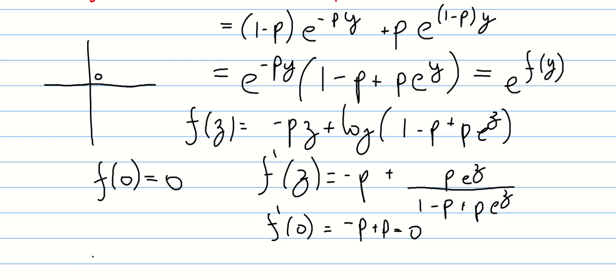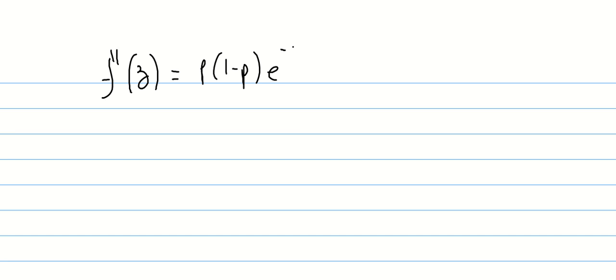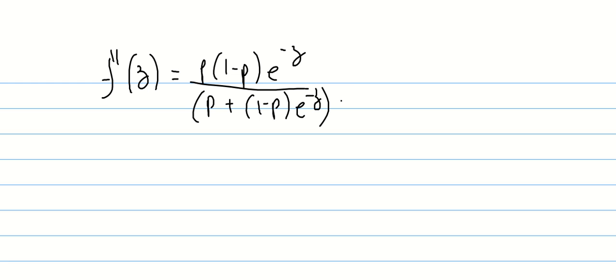Now I'm not going to do the whole computation. This is just a boring computation in the end. But we can take the second derivative of f, and it is just P times 1 minus P e to the minus z over P plus 1 minus P e to the minus z, squared.